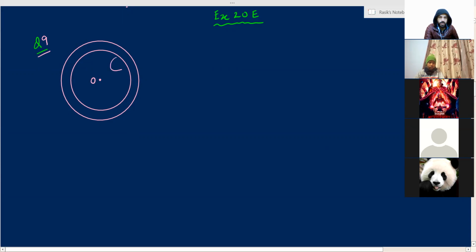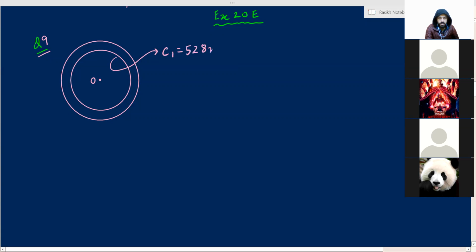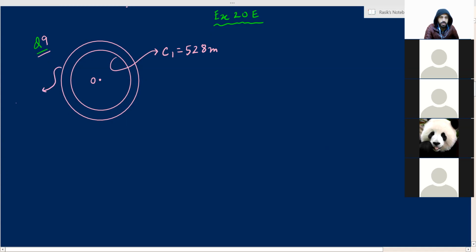Inner circumference means the circumference of the inner circle, C1, 528 meters. And the outer circumference C2 is equal to 616 meters.